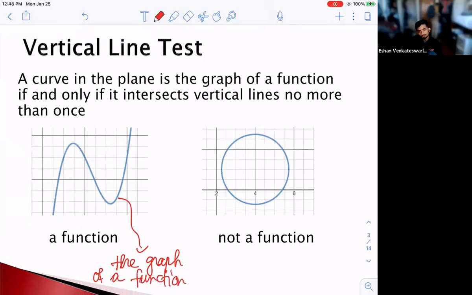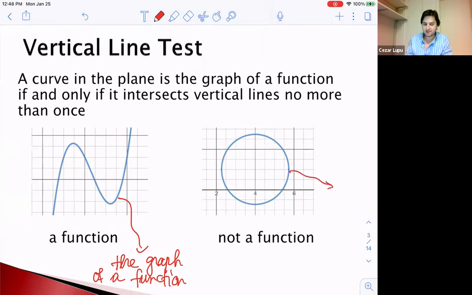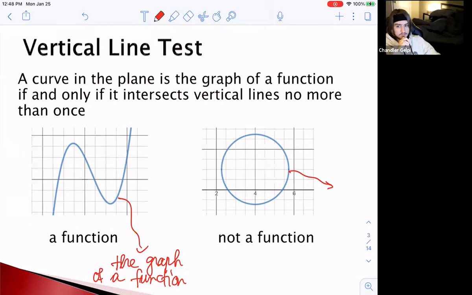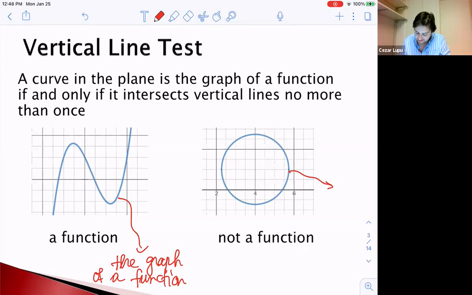But what about this guy here? What can you tell me about it? Does anybody have an idea what this represents? What is it? A circle. A circle. So this is a circle.